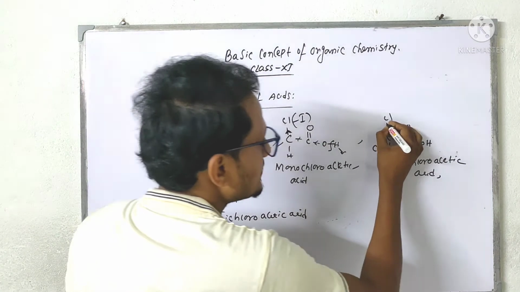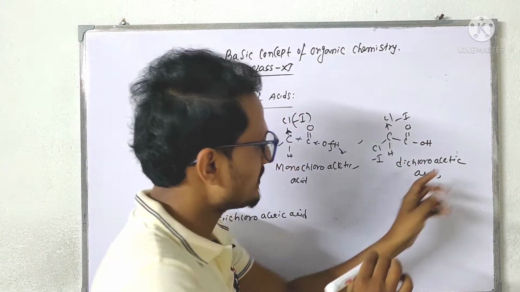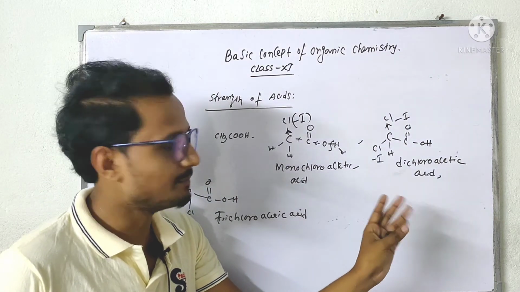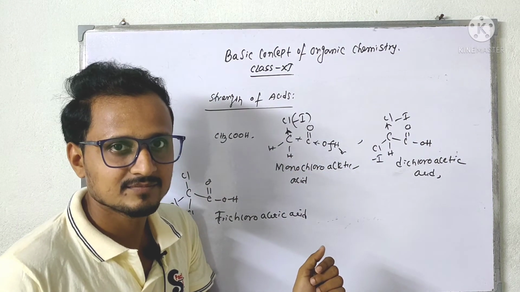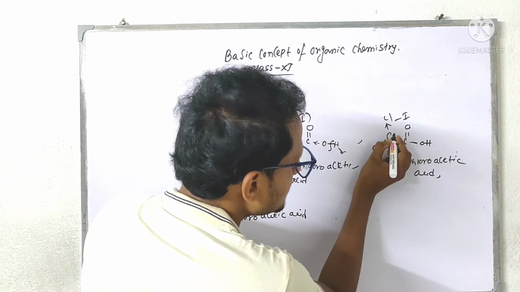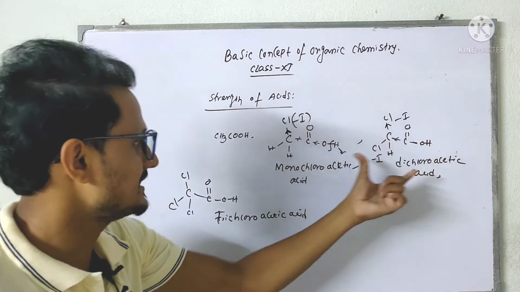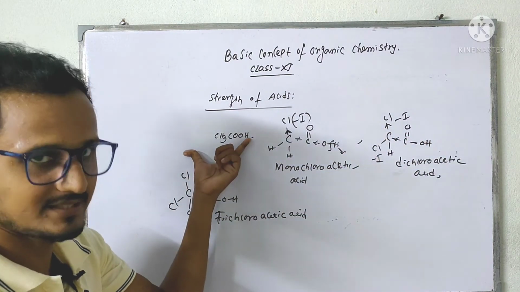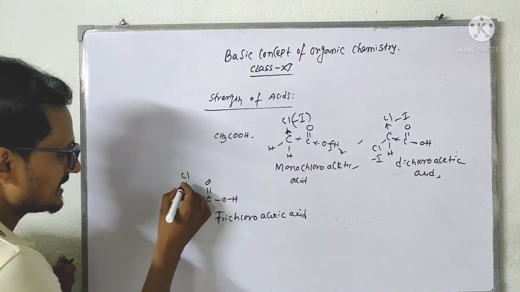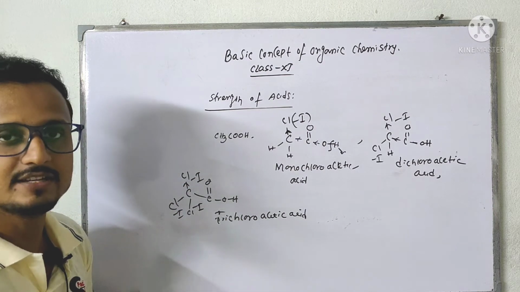Now here two minus I effect groups are present. So this OH bond can break again more easily compared to monochloroacetic acid, because electron density will move towards this carbon more easily. Okay, so dichloroacetic acid is more acidic than monochloroacetic acid, which is more acidic than acetic acid. Here also trichloroacetic acid, because of three minus I effect groups, acidity increases.